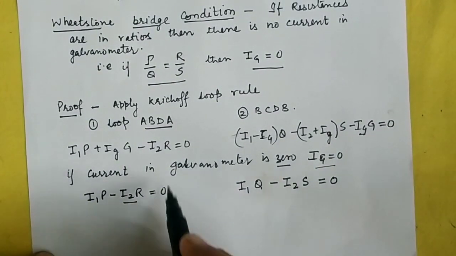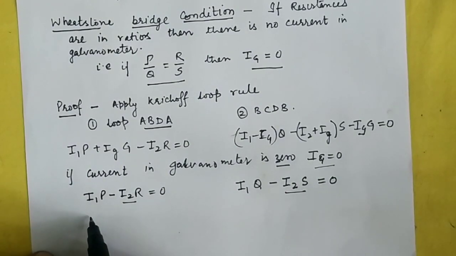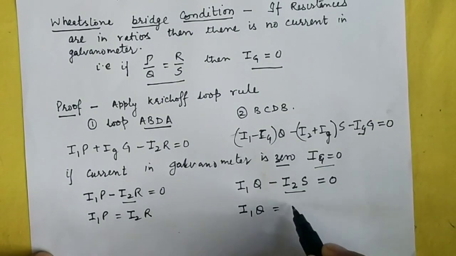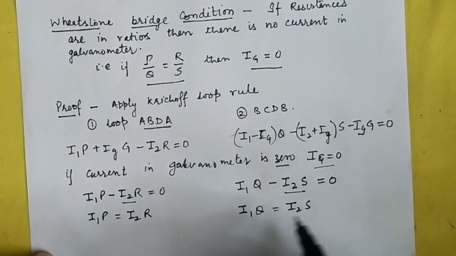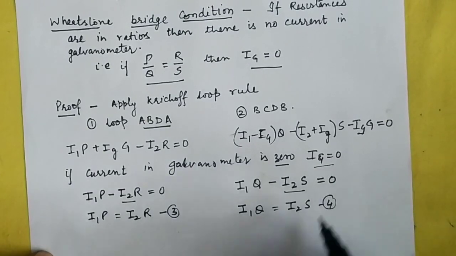Taking this part to the other side of the equal sign, it becomes I1P equal to I2R. Similarly, I1Q is equal to I2S. So this is our third equation and this is our fourth equation.